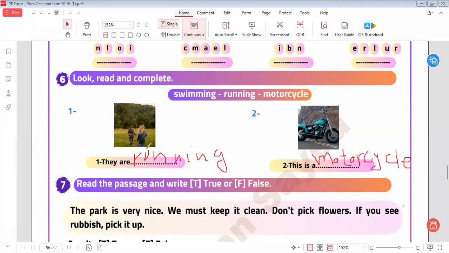We took it in the unit about the means of transportation. You can return to it and review what we told before. Here we say they are running. Here we say this is a motorcycle. Let's continue the rest of this exercise.